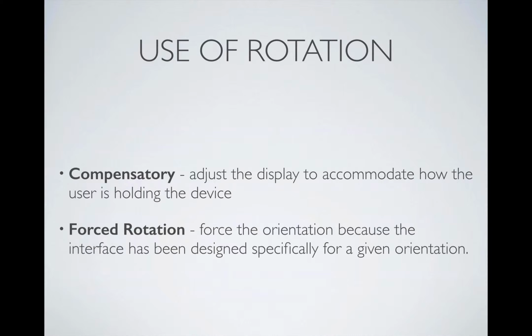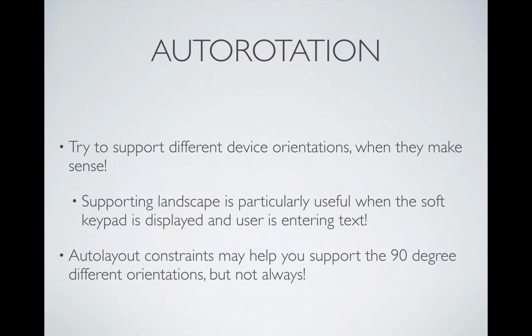But often, if it makes sense, we would want to compensate for that device orientation and allow the user to see and interact with the application in the particular orientation that they've chosen. The other thing is forced rotation, where we, the programmer, want to make a decision about the orientation and basically force that particular orientation and not allow the user to reorient by changing the position of the device.